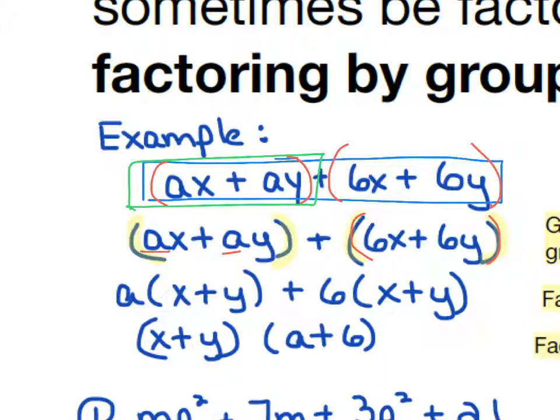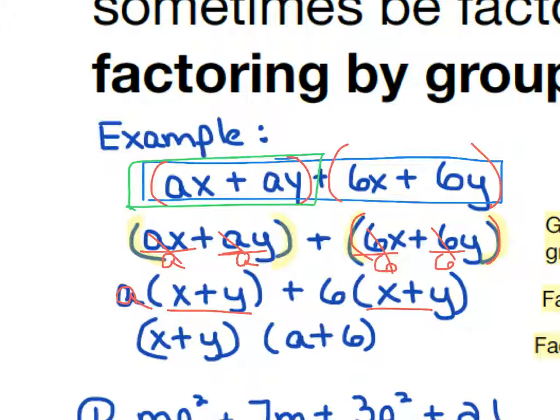So when you factor by grouping, you're going to turn a 4-term polynomial into 2 separate groups. And you will find a different GCF for each group. So this one is the letter A. Again, you write the GCF outside, and then you divide, and you get x plus y. Over here, my GCF is 6. And again, divide, and x plus y.